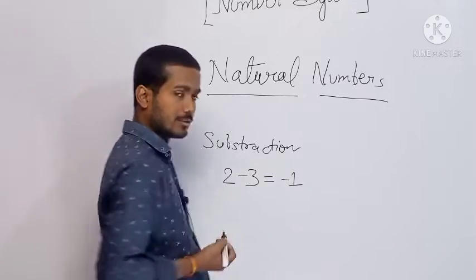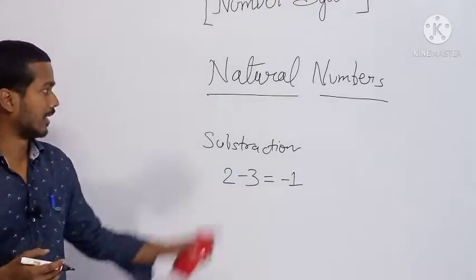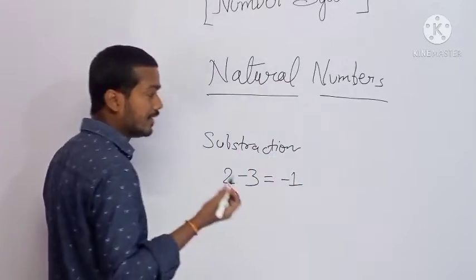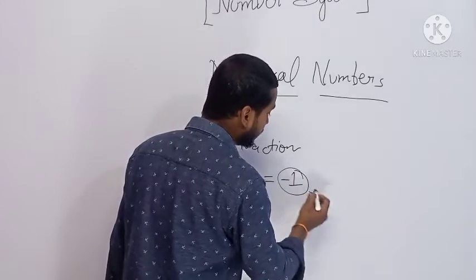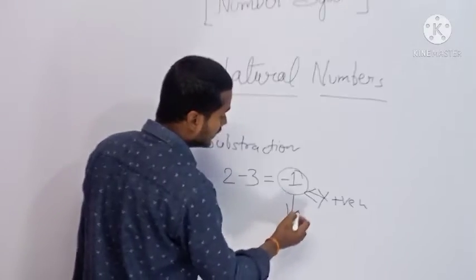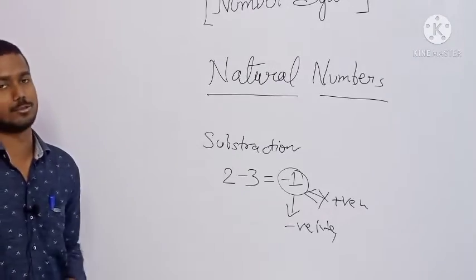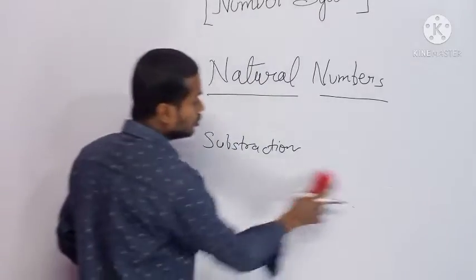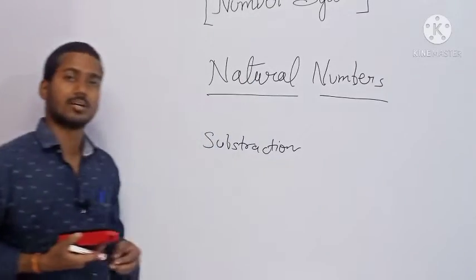Is -1 a natural number? No. By the definition, only positive integers are natural numbers. -1 is not a positive integer; it is a negative integer, so it cannot be a natural number.